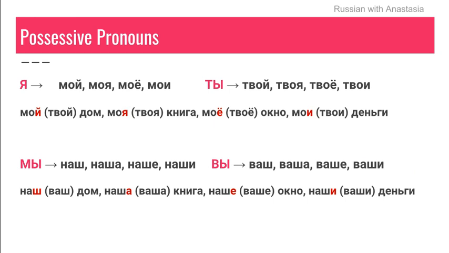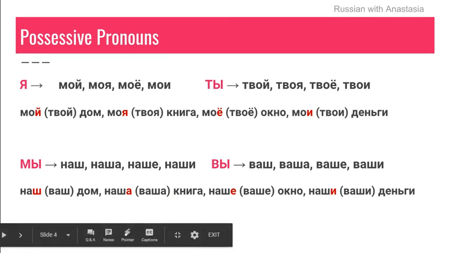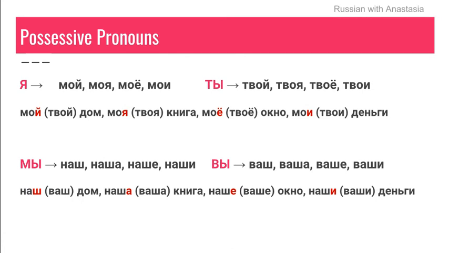Let's look at some examples. Наш, ваш, дом. Our house, your house. Дом is masculine, that's why the ending for possessive pronoun is masculine too. Наша, ваша, книга.